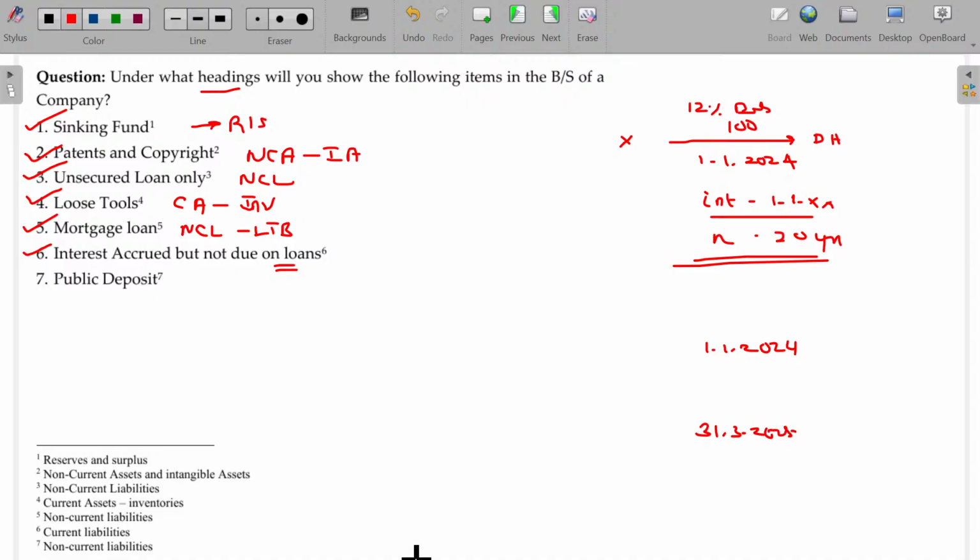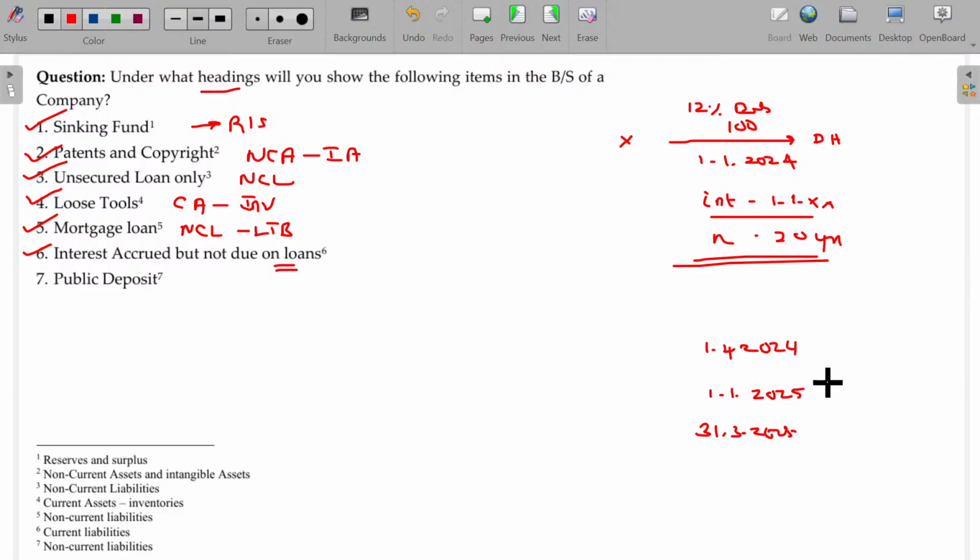Come on, tell me, when will you pay the interest? Every January. You pay the interest on 1/1/2025. How much interest will you be paying?